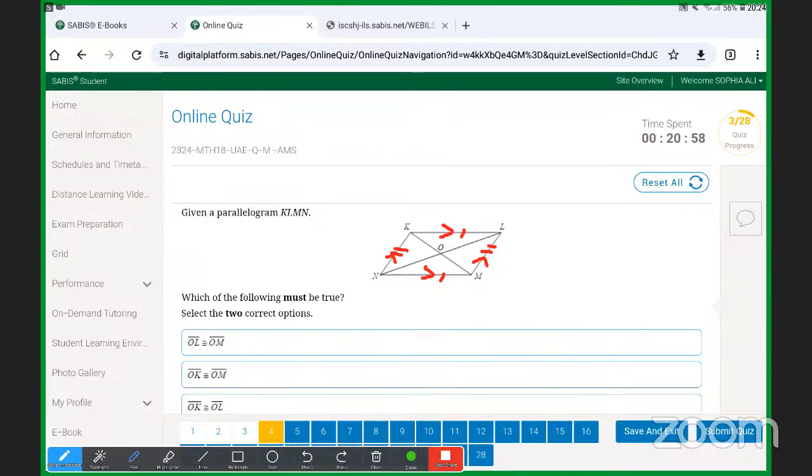Okay, I wrote it. The diagonals of any parallelogram bisect each other. That means this is equal to this, KO is equal to OM, and OL will be equal to ON.